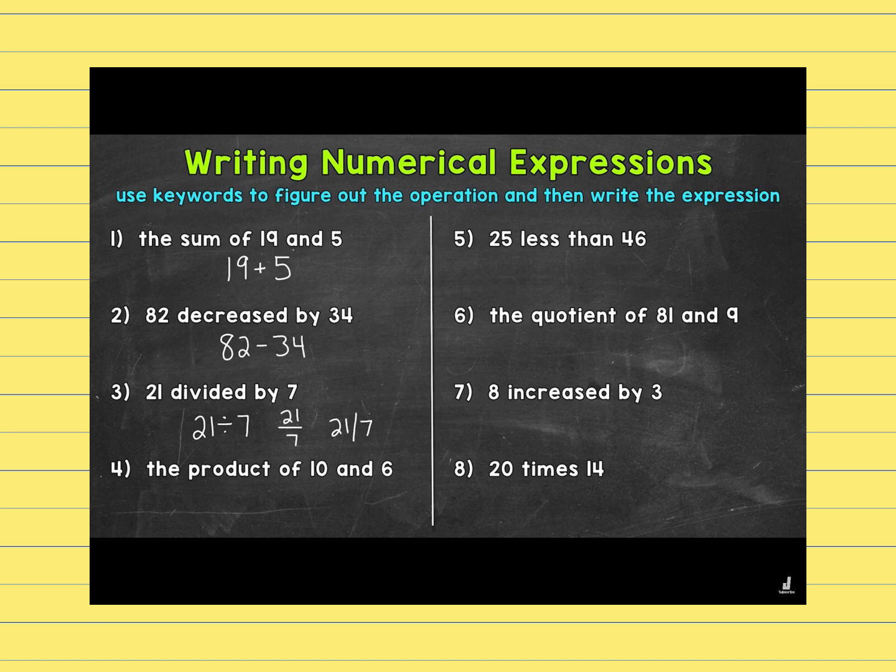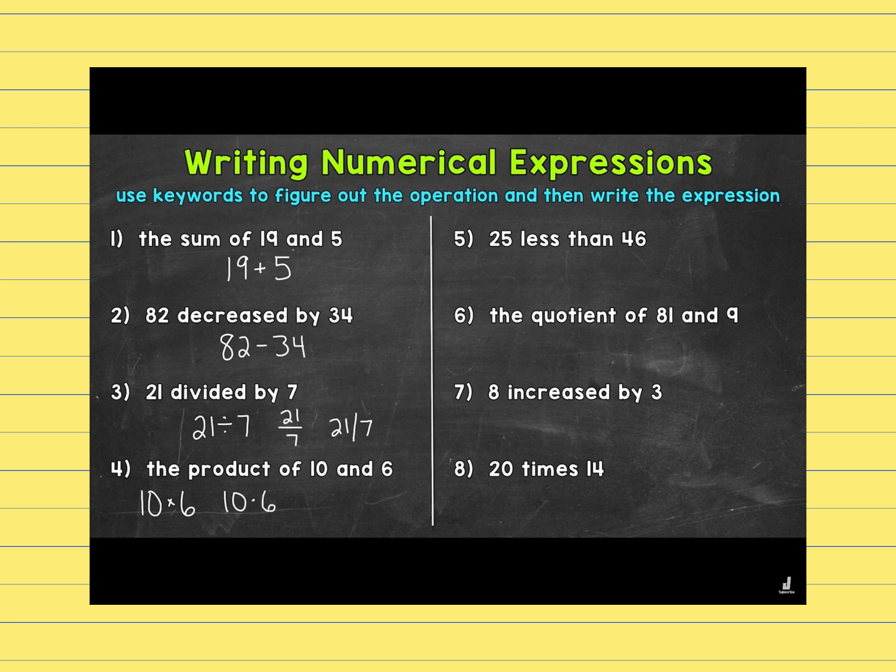Number 4, the product of 10 and 6. So product, that's the answer to a multiplication problem. So this is going to be multiplication. So 10 times 6. So we can write 10 times 6. We can also use a filled in circle or dot here, 10 times 6.